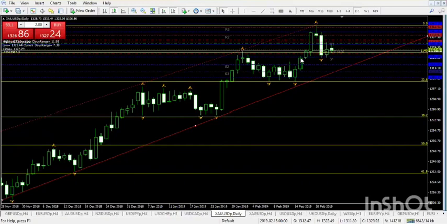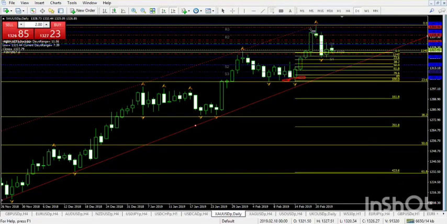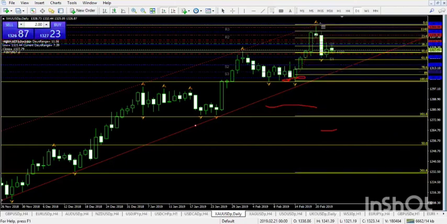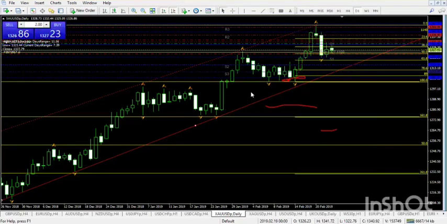If we draw Fibonacci from here, you mean this? This would be your partial Fibonacci. Excuse me, I don't have access. So if you want to draw it from here, that would be your partial Fibonacci.